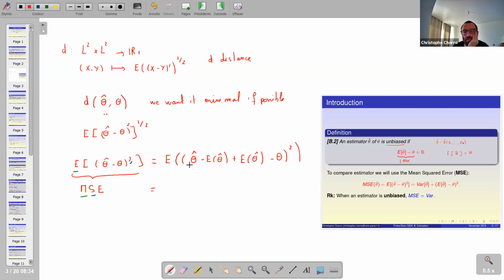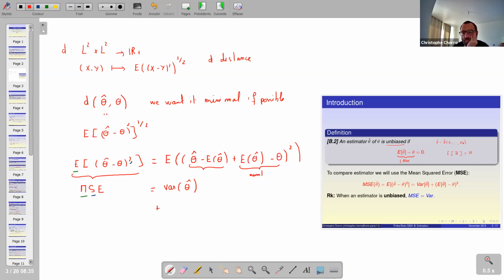If I develop this square, I will regroup the terms this way, and if I do this job, I obtain what? I obtain the expectation of the square of this one here, that is the variance of theta hat, by definition, plus the expectation of the square of this quantity, but this quantity here is a number.